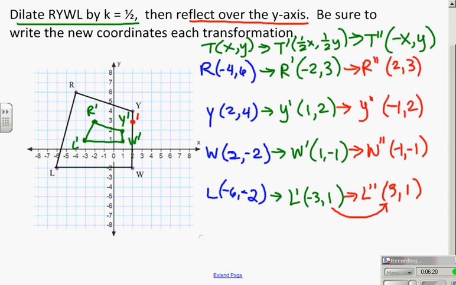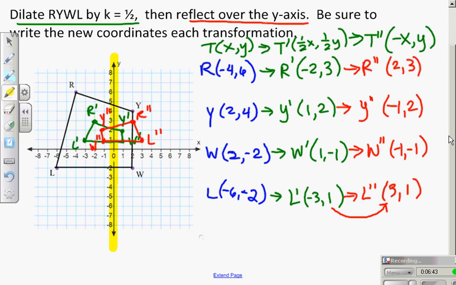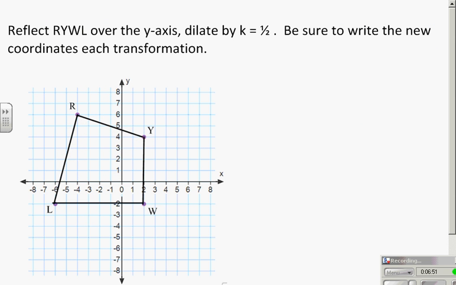Now if we go and graph this, (2, 3) is going to be R double prime, (-1, 2) Y double prime, (-1, -1) W double prime, and (3, 1) here's L double prime. And it's pretty clear that that little green one was indeed reflected along that y-axis. Now this makes us wonder, if order doesn't matter in glides, does it matter in this situation?